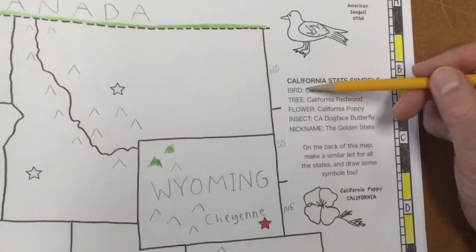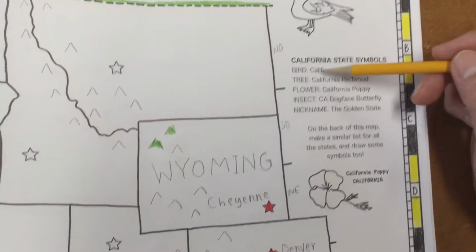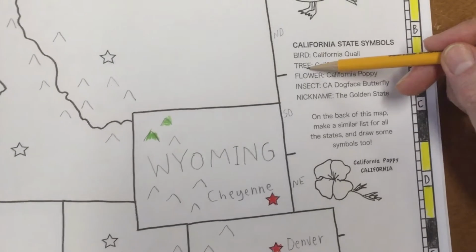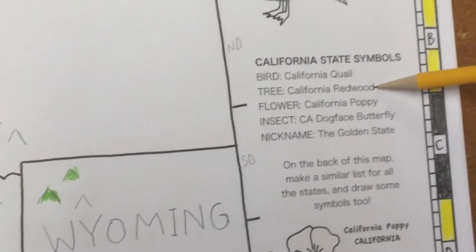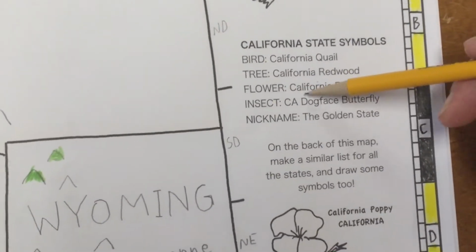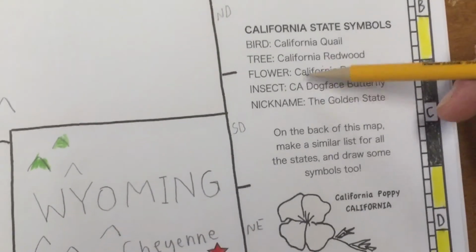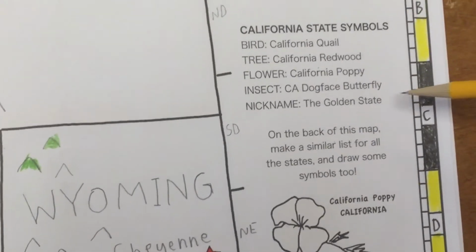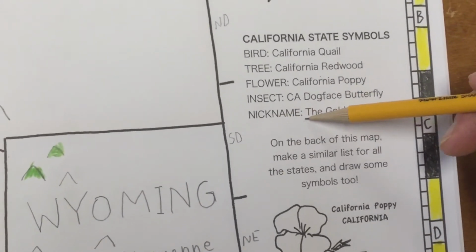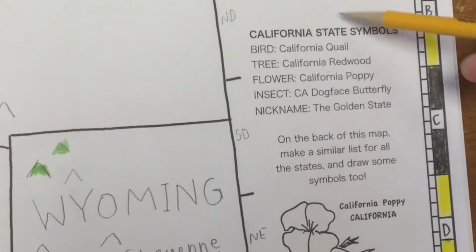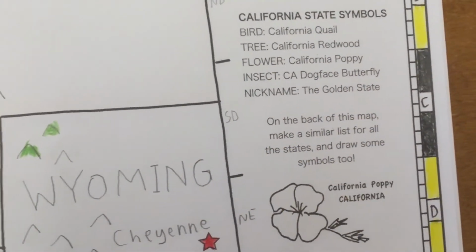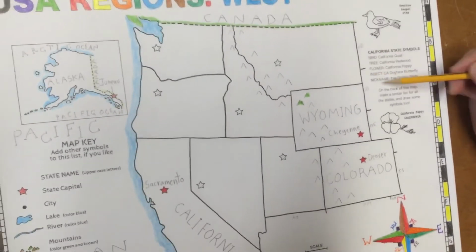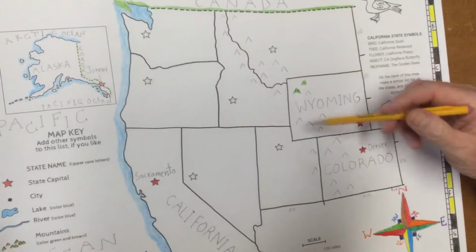For California, we listed the state bird, which is the California quail, the state tree, the California redwood, the flower is the California poppy, state insect, California dog-faced butterfly, and we listed the nickname, which is the Golden State. So you could do that for all of the states if you'd like. You could just turn your paper over and review all the different symbols for all these states.